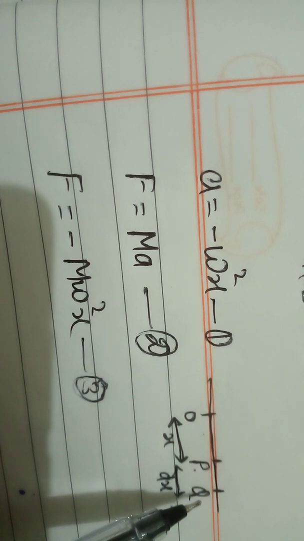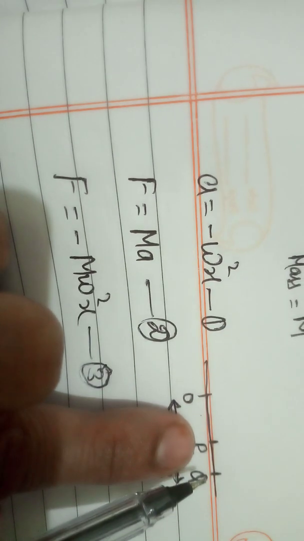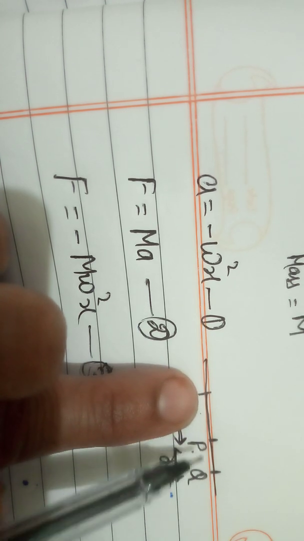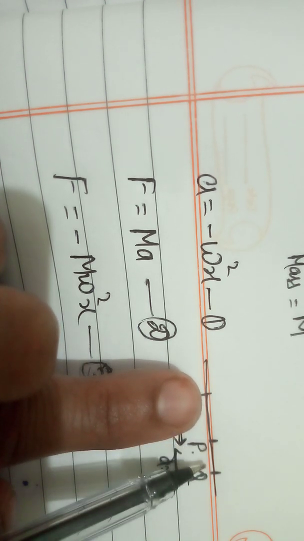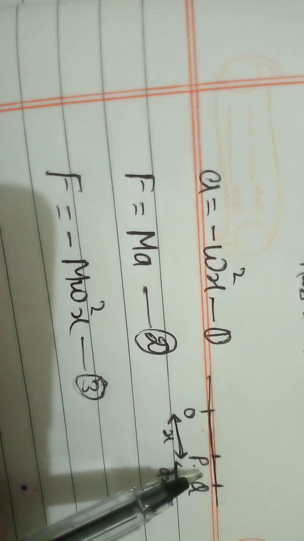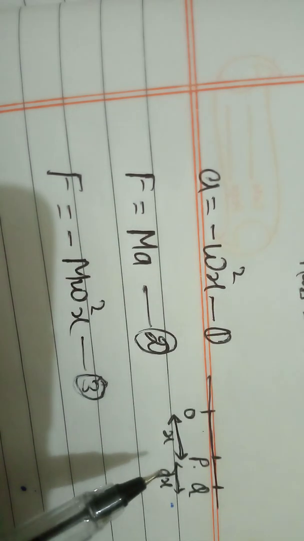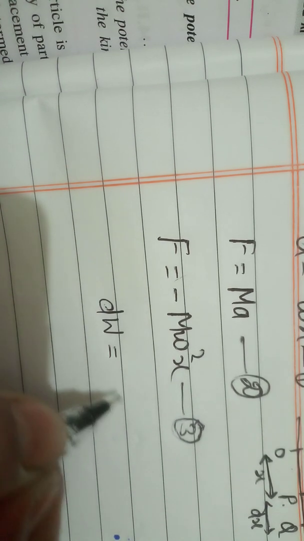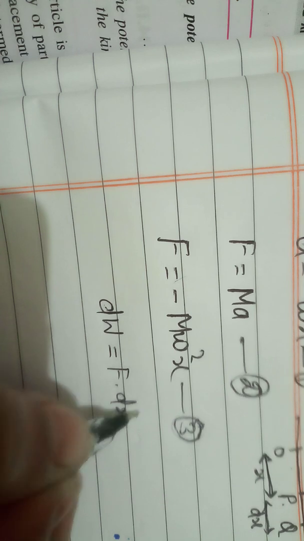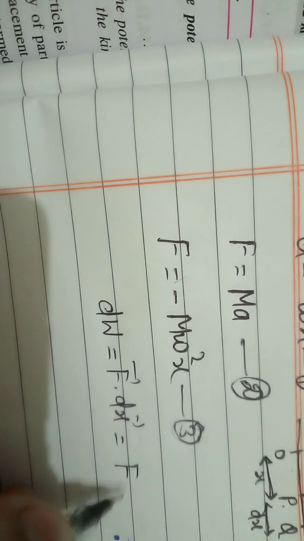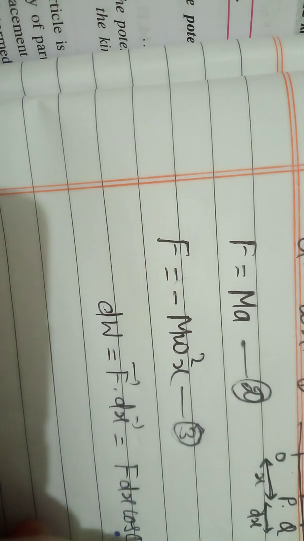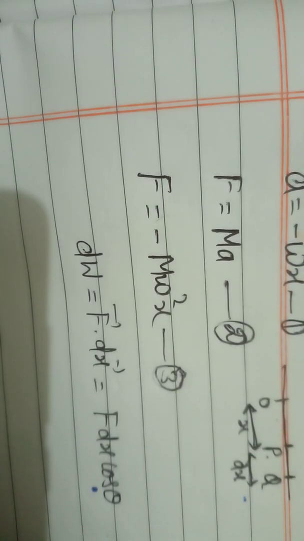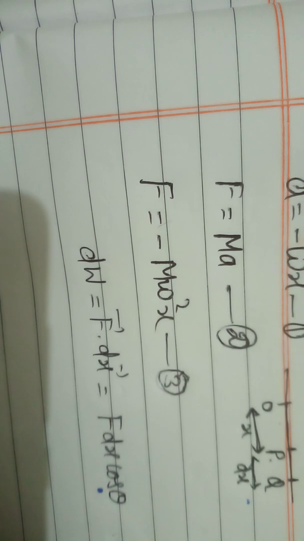Now students, let the particle be displaced through the small distance dx from P to Q against the restoring force. The restoring force brings the particle back to its mean position, but now you displace the particle against the restoring force. It means that we calculate the work done. So work done dW is equal to F dot dx, which is F dx cos theta. Since it is against the force, the angle theta is 180 degrees.